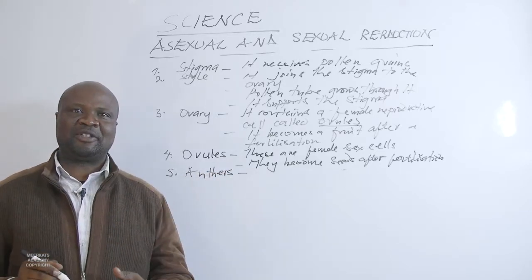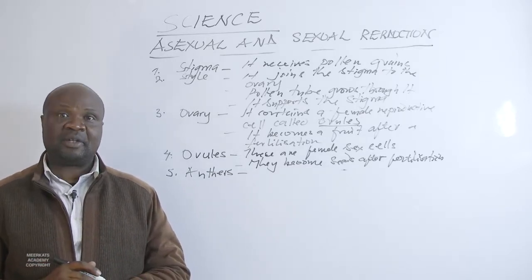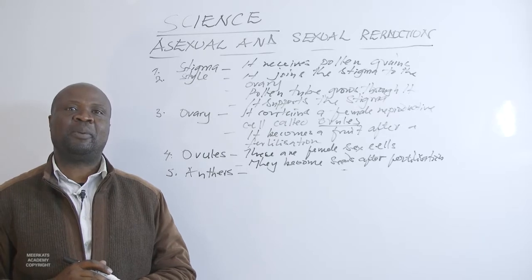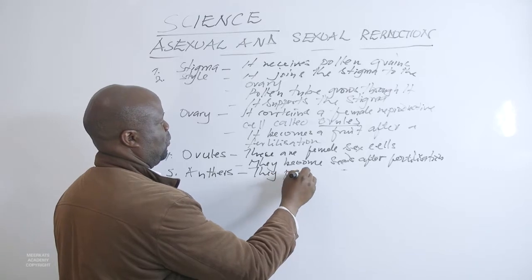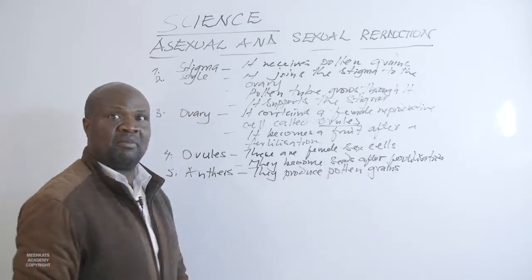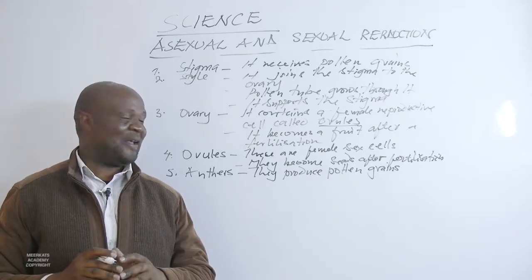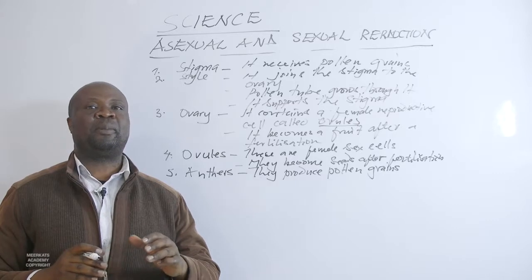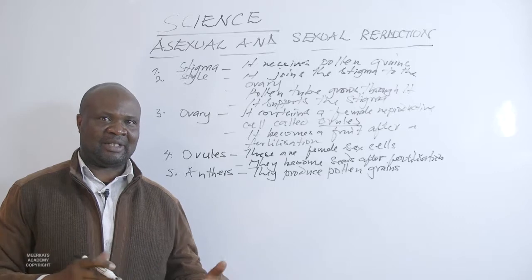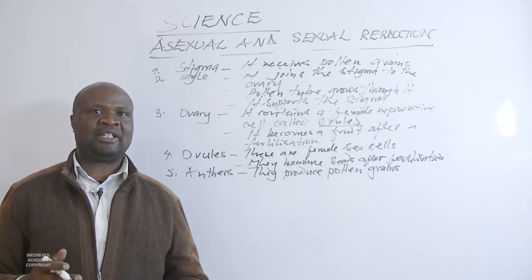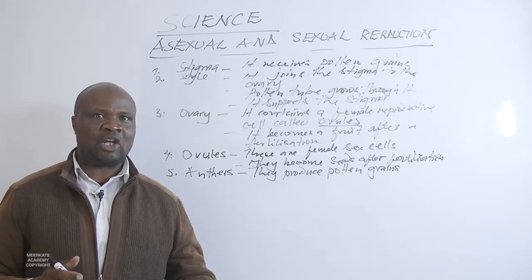Then we are asking ourselves, what are the anthers? Anthers are responsible for producing pollen grains. In a very interesting way, these pollen grains can differ in some characteristics, depending on whether the pollinating agent is wind or an insect or an animal.